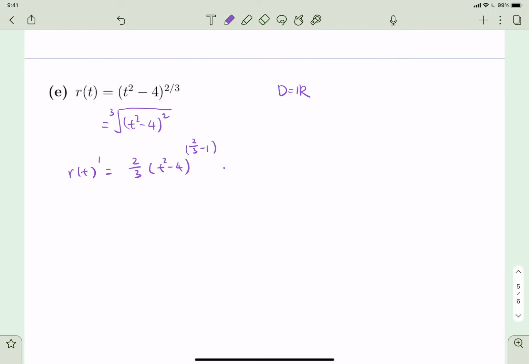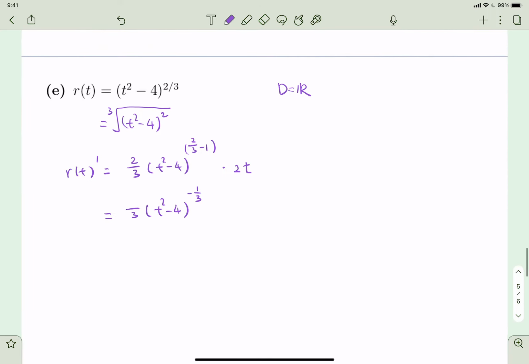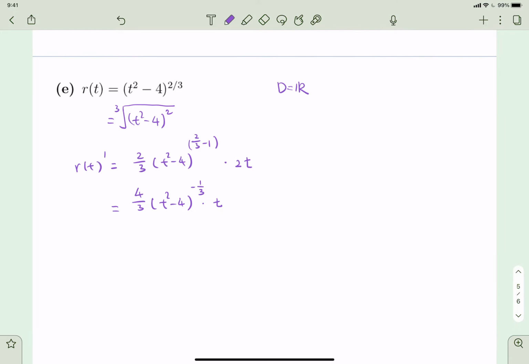So that is 2t. And this is simplified to (t squared minus 4) to the negative 1 over 3, and the 2 goes to the front times that 2, so it becomes 4 here, times t. So it's like that, right?